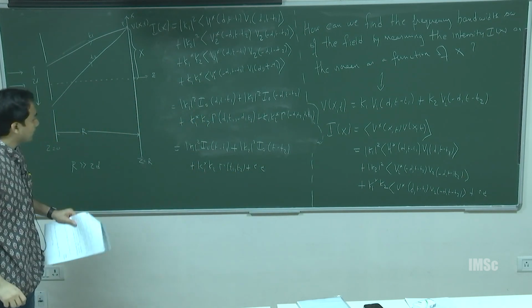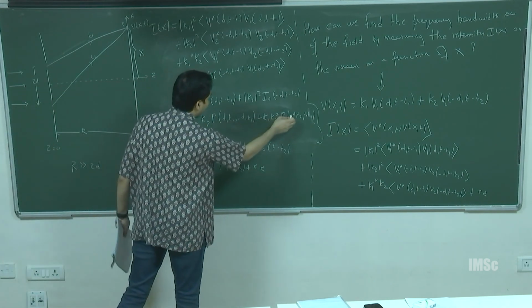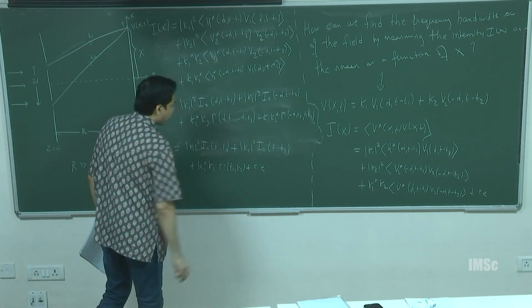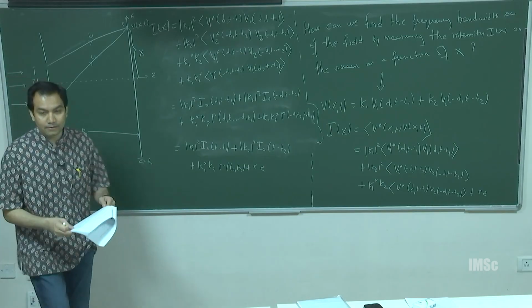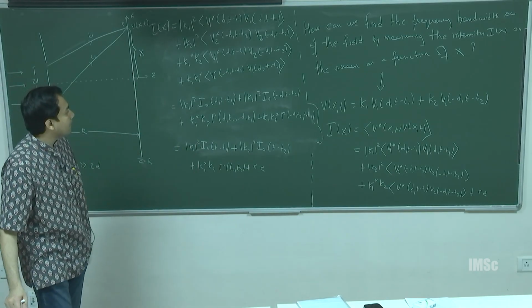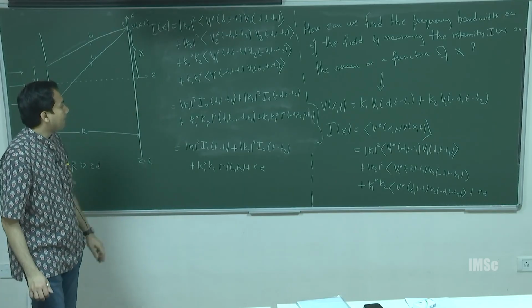So we are dropping all the spatial coordinates and just writing down, including the time coordinates, because we are dealing with temporal coherence, so we are not interested in the spatial part.